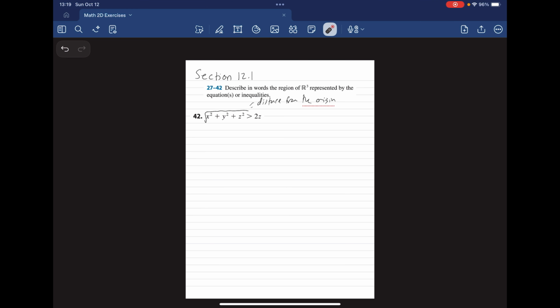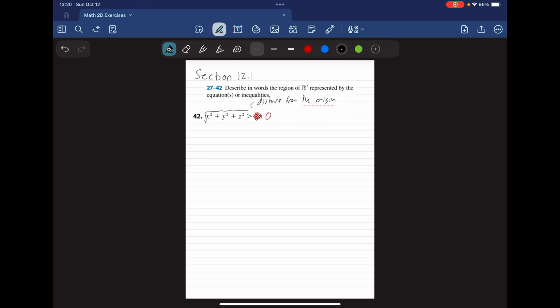What this means, therefore, is that if this right side were 0, then, let's pretend for a moment, this region would represent all of the points in R3 whose distance from the origin is positive.